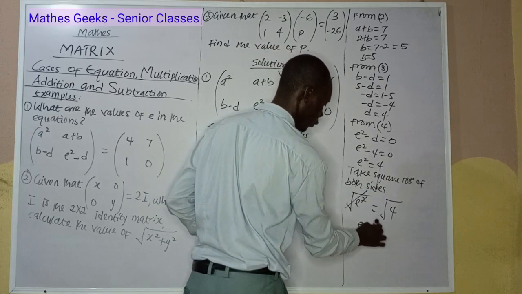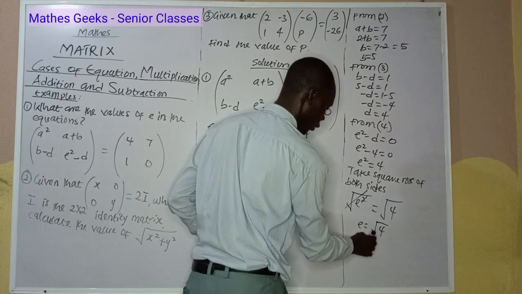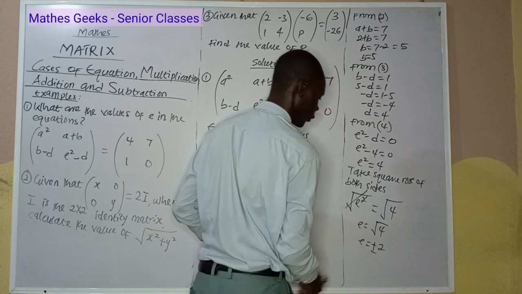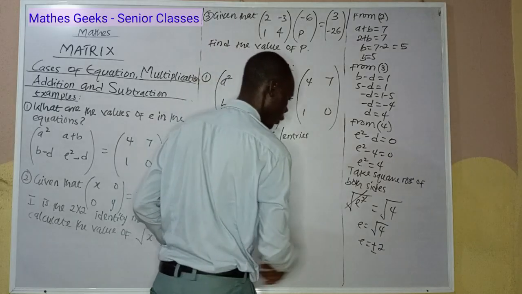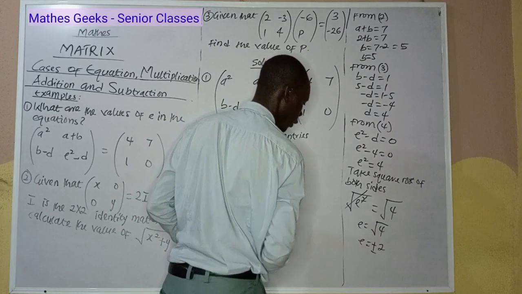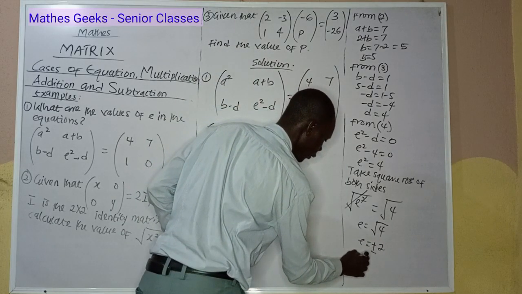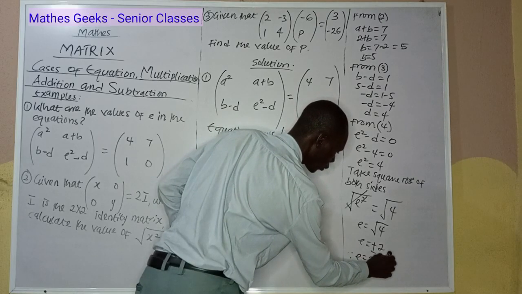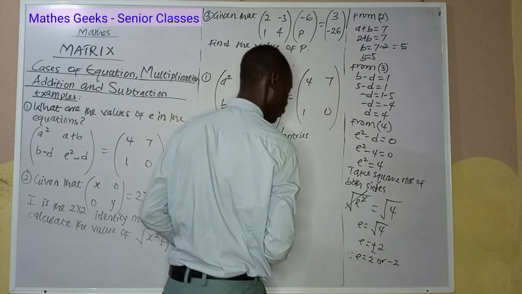The e is equal to the square root of 4, which is plus or minus 2. That's the answer, either plus 2 or minus 2. So therefore e is equal to either 2 or minus 2.